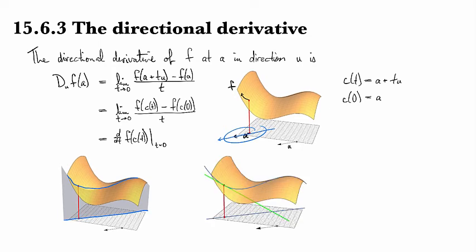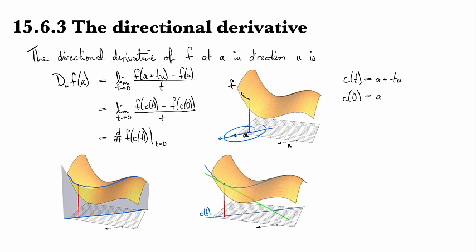Okay, so here's what it looks like if I remove the plane and just show you the path itself. So here's c of t coming through the base. And then if I look at this curve running over the surface here, this one is the one that has xy coordinates given by c of t, and then a vertical coordinate given by f of c of t.